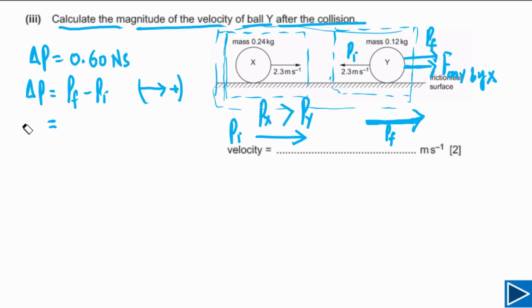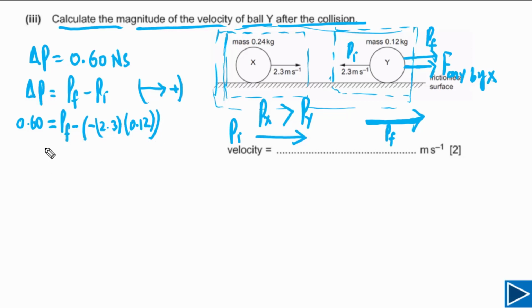The change in momentum we have calculated was equal to 0.60 Newton second. P final is positive because it is to the right and we assume to the right is positive. P initial is to the left, so it will be negative, and we multiply velocity with the mass to get the momentum of ball Y before collision.